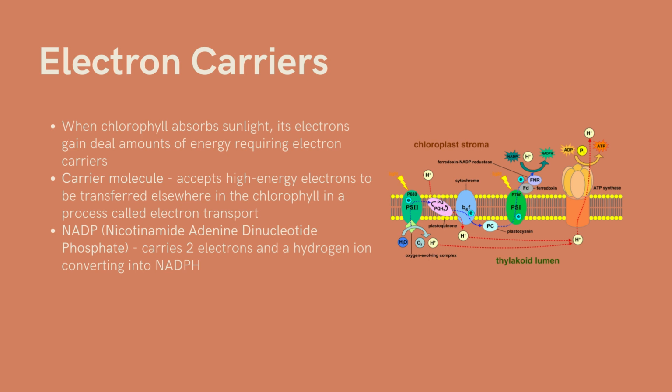This NADPH is very important because it carries high energy electrons produced by light absorption in chlorophyll to chemical reactions elsewhere in the cell. These high energy electrons are used to help build a variety of molecules the cell needs, including carbohydrates like glucose.